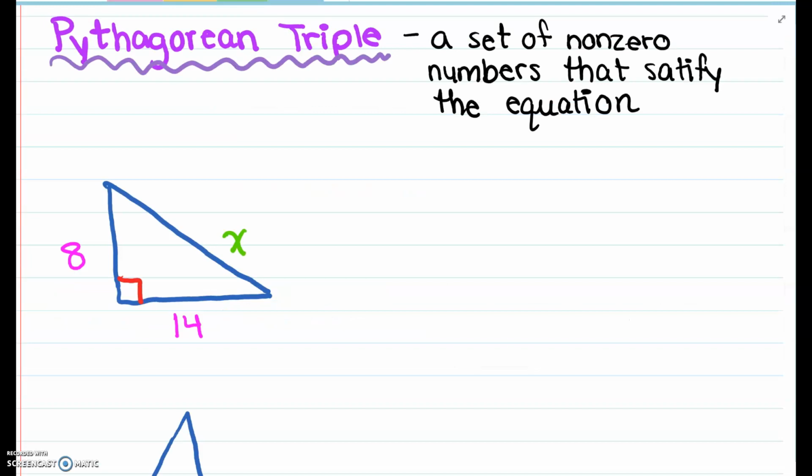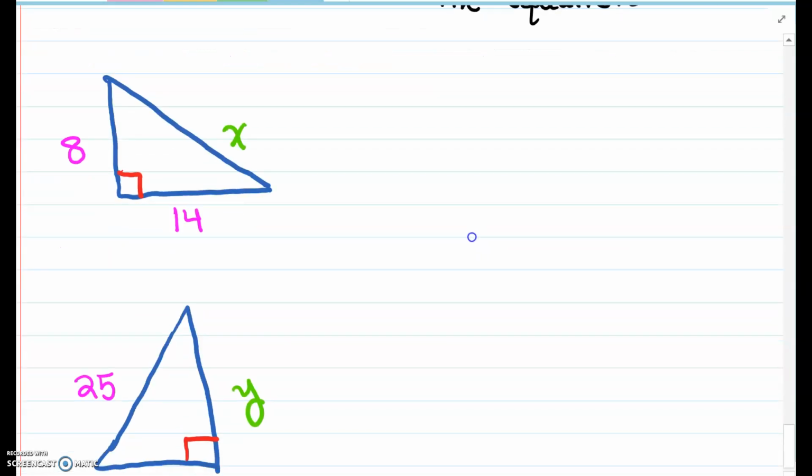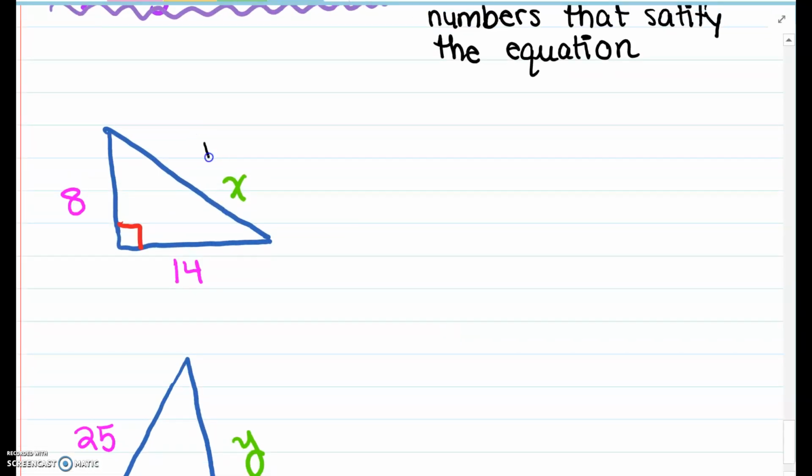Let us apply what we just learned by trying a couple of examples. So in this problem right here, this would be the hypotenuse, and these are the legs. Now we will just use the equation. So we get x squared equals 14 squared plus 8 squared.